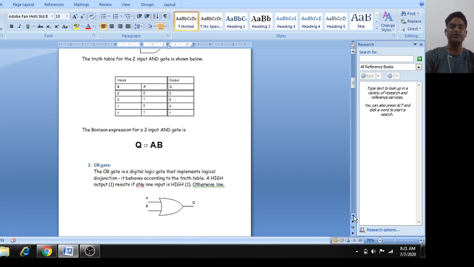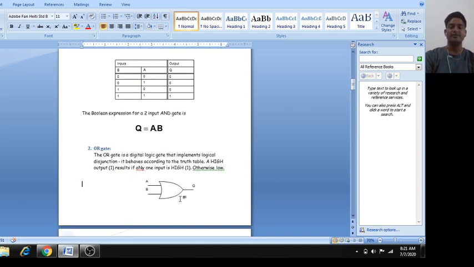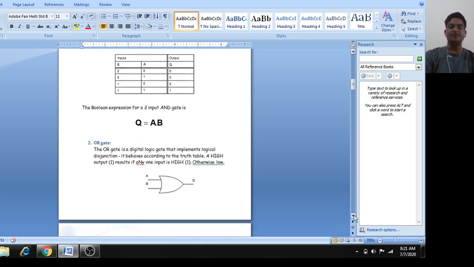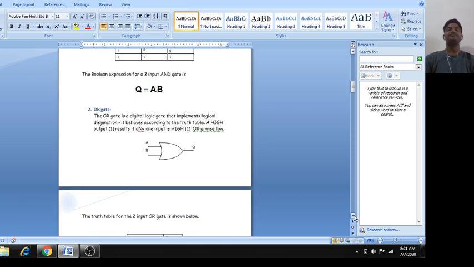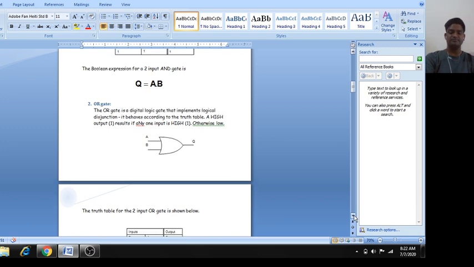Next basic gate is your OR gate. In the case of the OR gate, output becomes high if any one input is high. If all inputs are low, output becomes low, otherwise high.